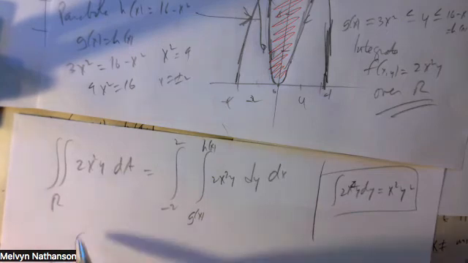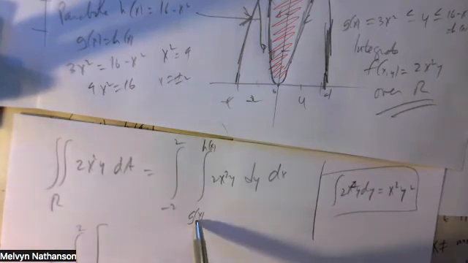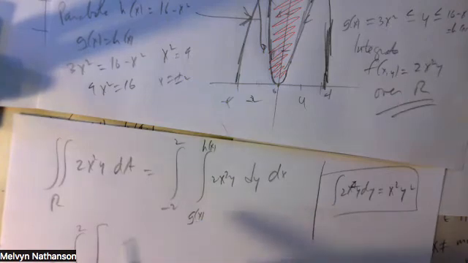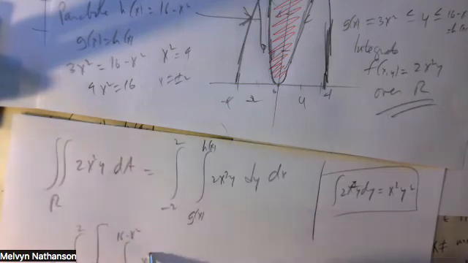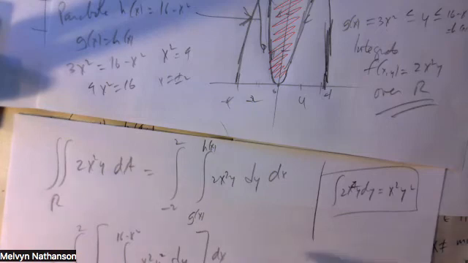So this is the integral from -2 to 2, the integral from g of x, 3x squared, up to h of x, 16 minus x squared, of 2x squared y dy, integrated with respect to x. So what is this inside integral? I just calculated that. This is the integral from -2 to 2 with respect to x.